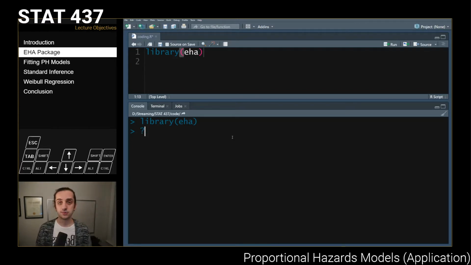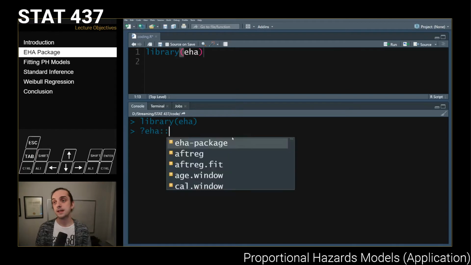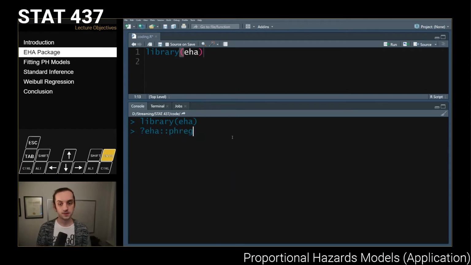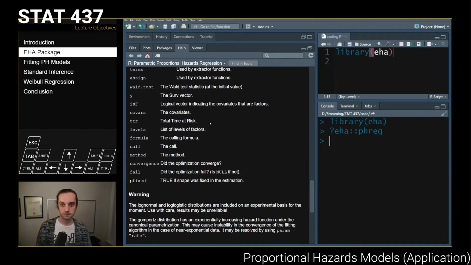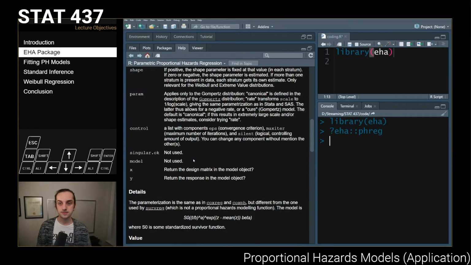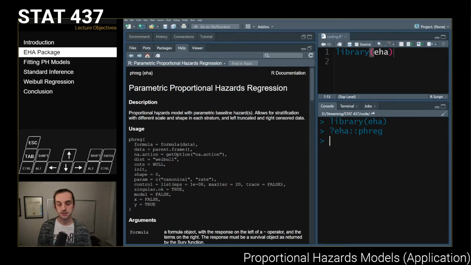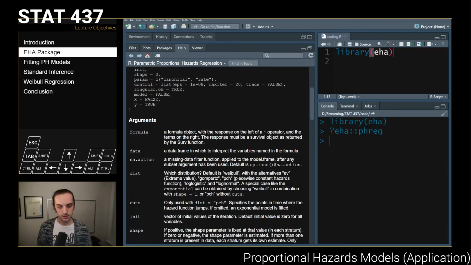Now, the primary function that we're going to be working with is the phreg function. If I pull open the documentation here, you can see that it's roughly similar to what we're used to seeing with these types of regression-based models. We specify a formula, we give it a data frame, as well as specify the distribution that we want to work with. You can see there's the Weibull distribution, the extreme value, and pch to allow for piecewise constant.